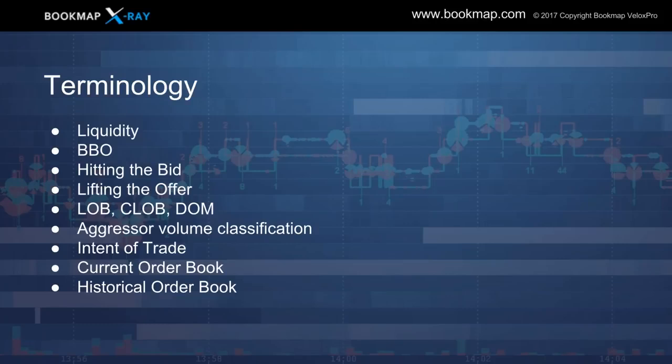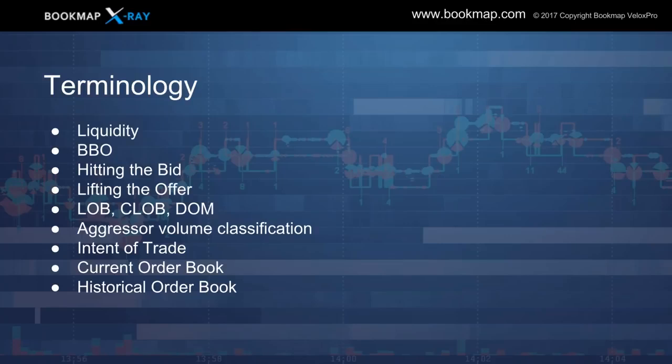Okay, the BBO. This is the best bid and offer. That's the inside market, exactly where a price is currently trading. Hitting the bid: that's where we're going to talk about aggressive volume that takes liquidity off of the best bid.